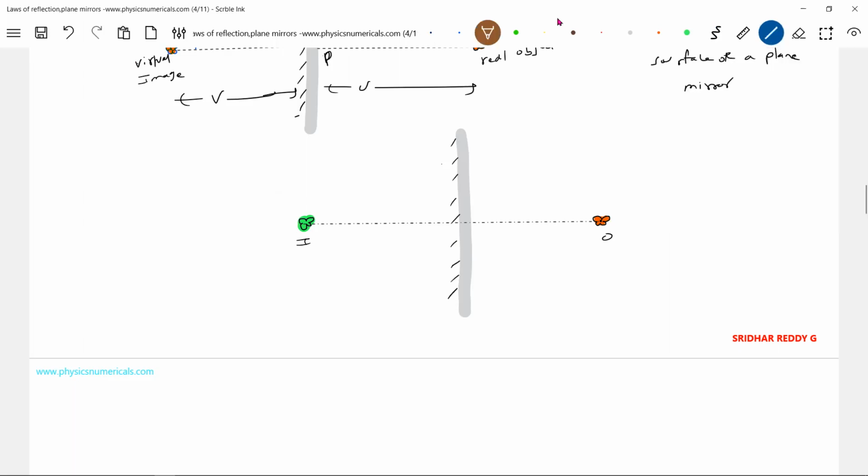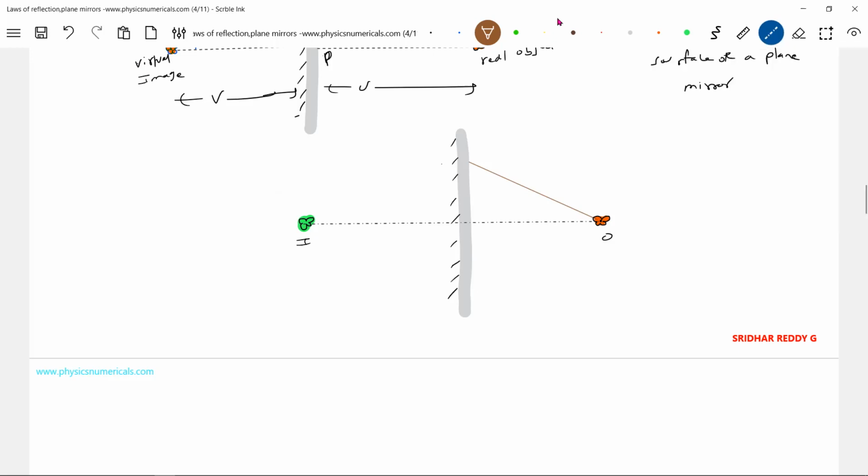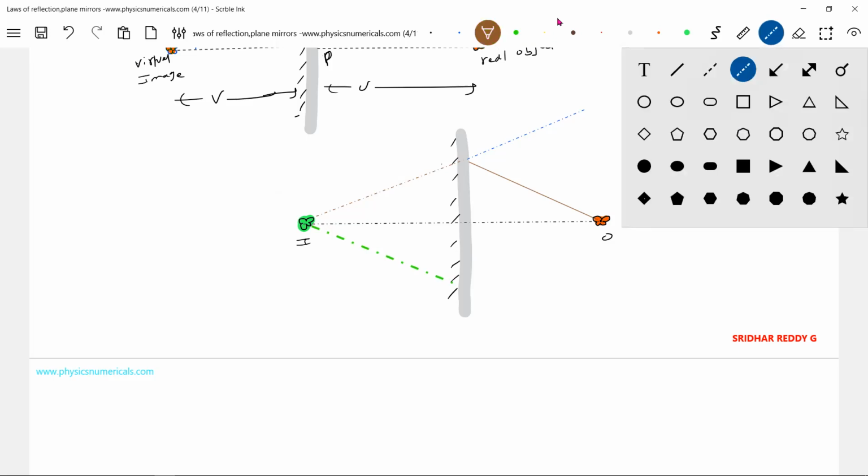The incident rays, let me take this one. So one ray like this. After reflection, similarly, just make observation.